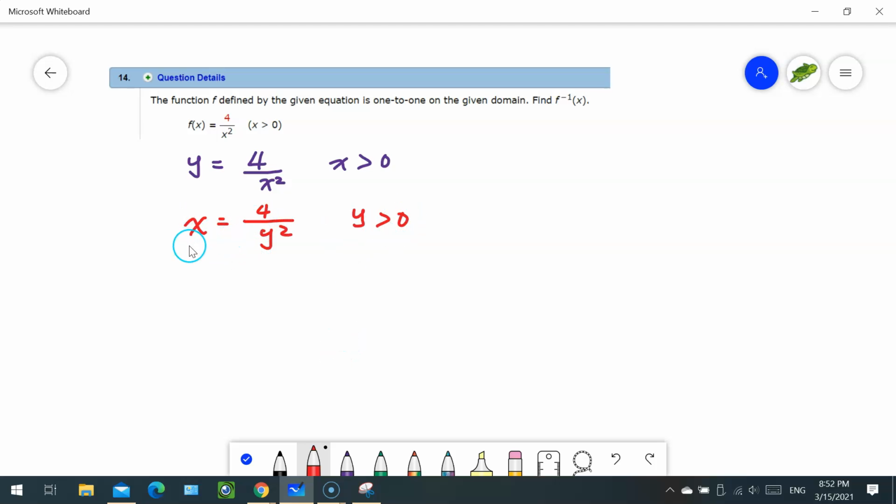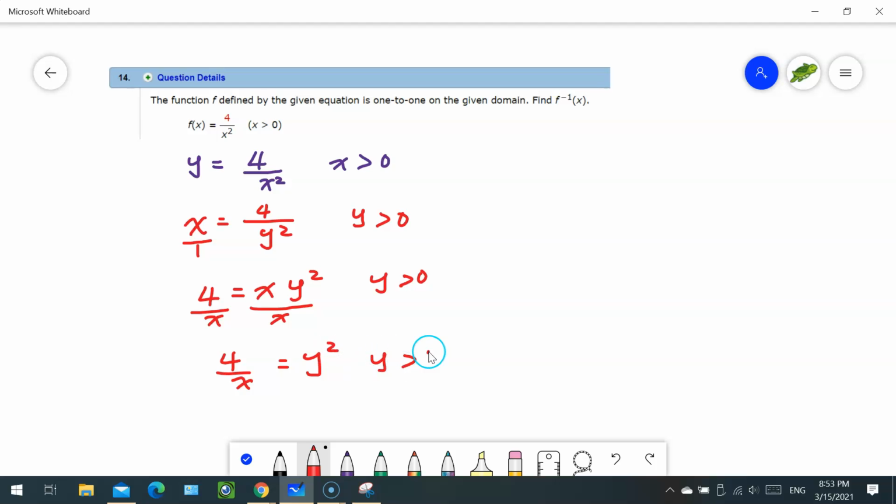Now we solve for y. So we diagonal multiply. I will get 4 equals x y squared. Now y is greater than 0. Solving for y, I divide by x on both sides. So you have 4 over x equals y squared.